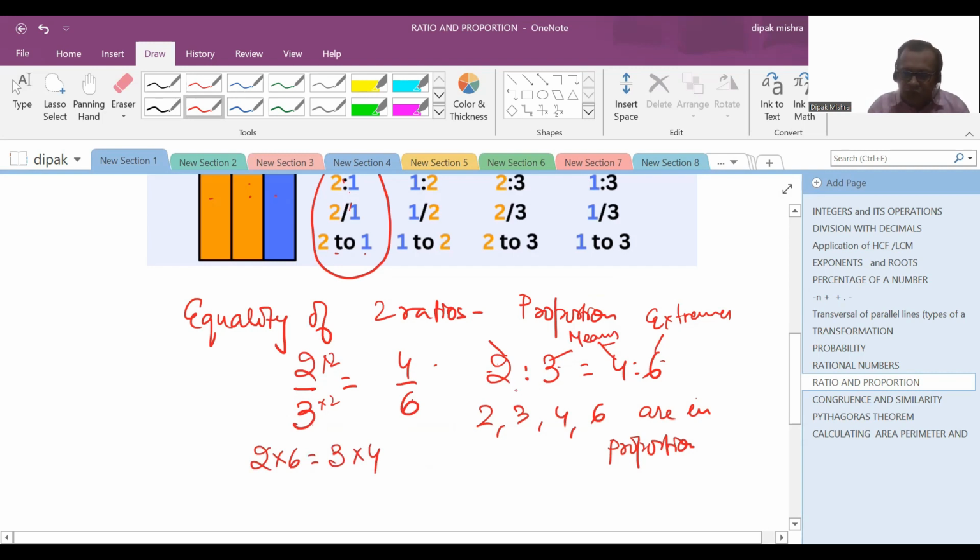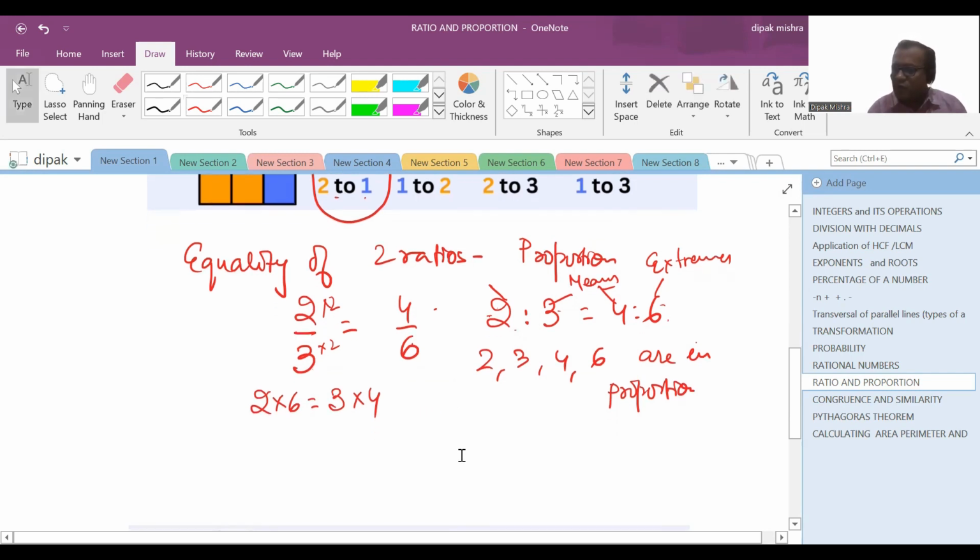So if two ratios are in proportion, then the product of their extremes is the same as the product of the means. In other words, if the product of the extremes is equal to the product of the means, then we can definitely say that they are in proportion to each other. So if 2 times 6 is equal to 3 times 4, we can say 2, 3, 4, 6 are in proportion.